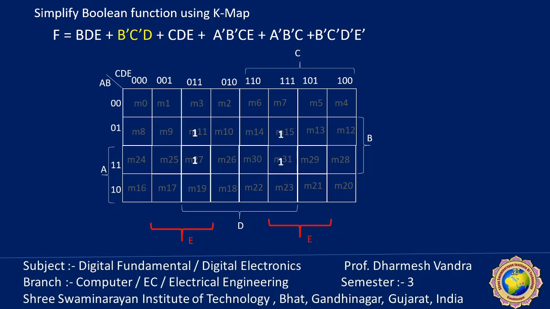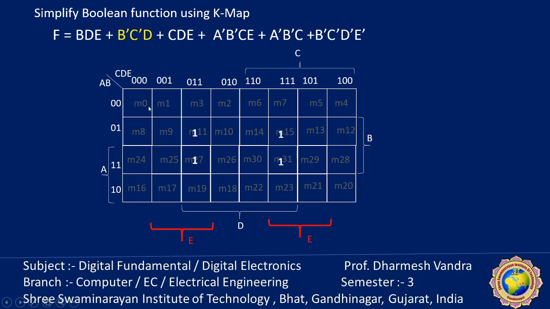Now we will take the second one, B dash. B dash means first row and last row. 16 cells are there. C dash is this one. So what is common? Only this 4 cell and this 4 cell, which represent B dash, C dash.